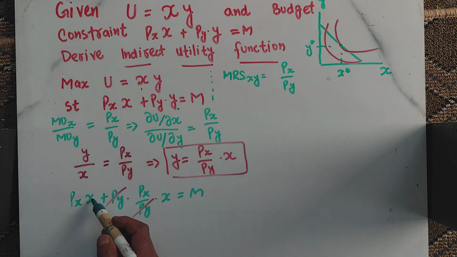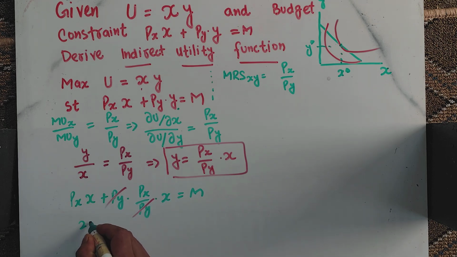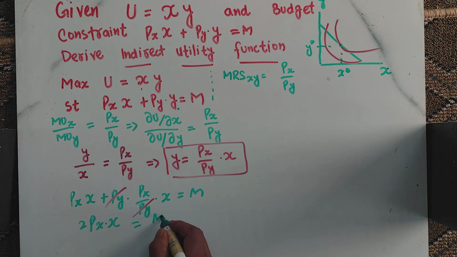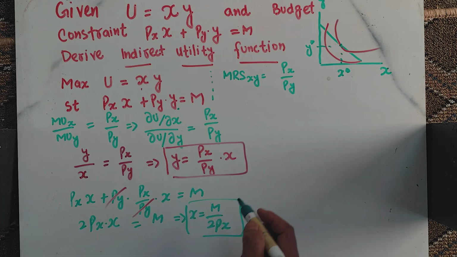We have px times x, add them both, we get twice px times x should be equal to the income of the consumer, which implies x will be equal to, transposing this term, m upon 2px. This is the demand function for good x.